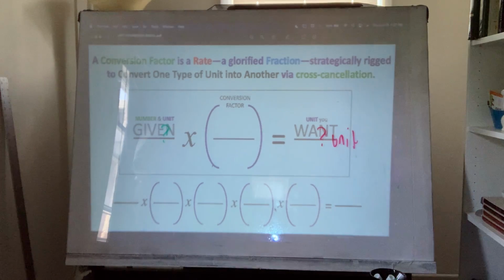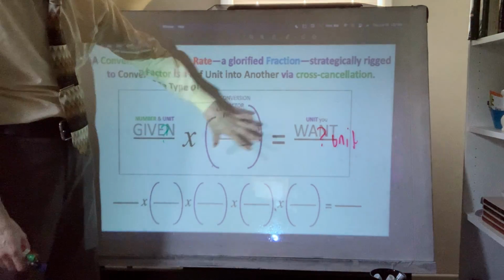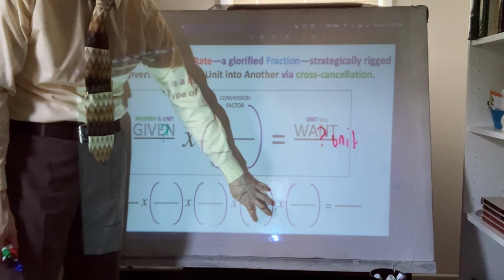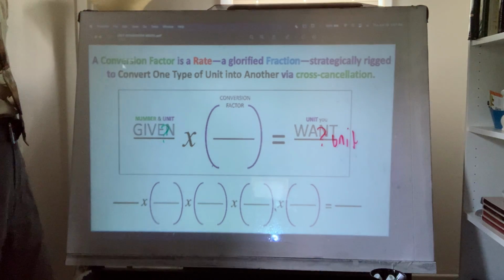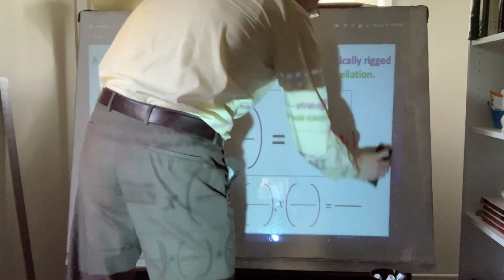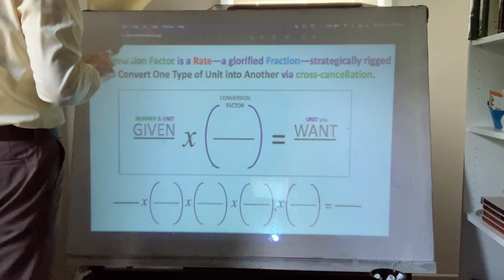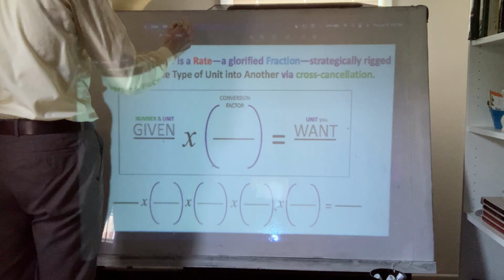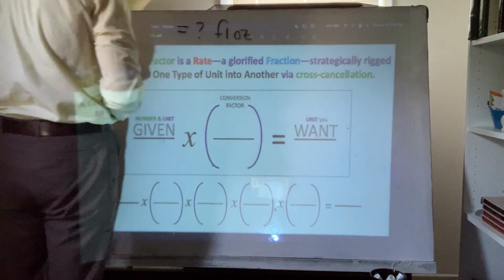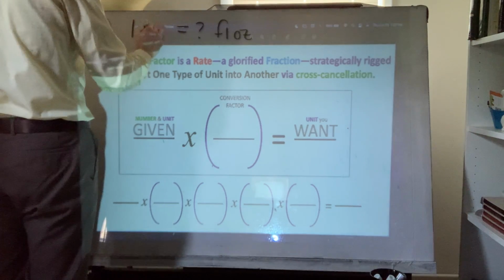If necessary, you could just adapt the model to include more conversion factors, right? I actually think that's kind of fun, really. Just as an example, if you wanted to figure out how many fluid ounces there were in 1 gallon.